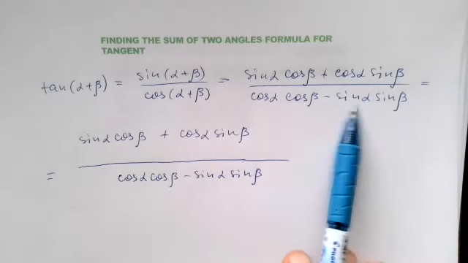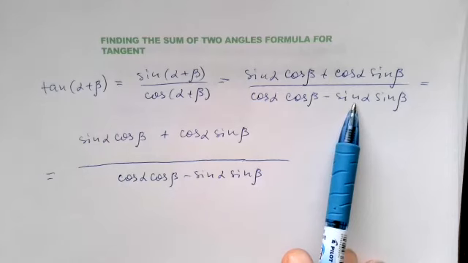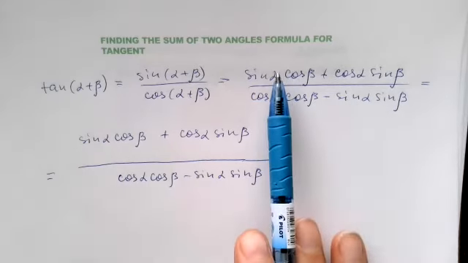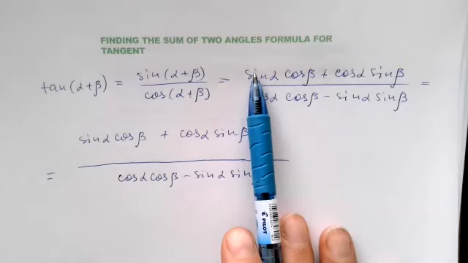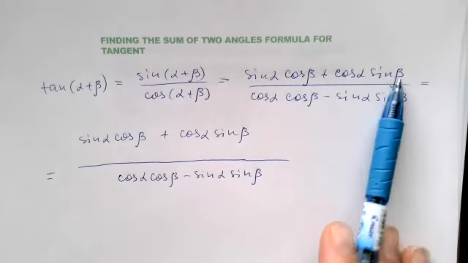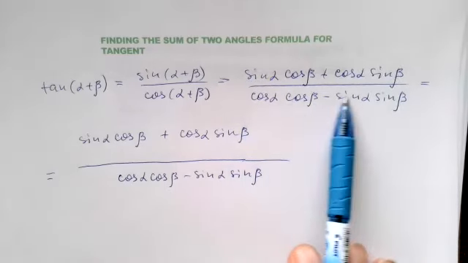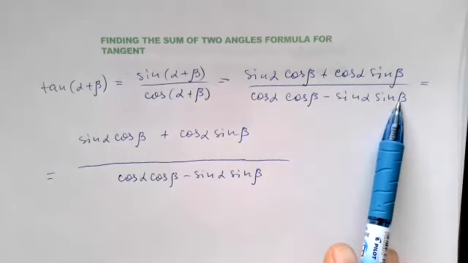Okay, so this is what we got. In the next step, I'm going to divide the entire numerator and the entire denominator by cosine alpha times cosine beta.